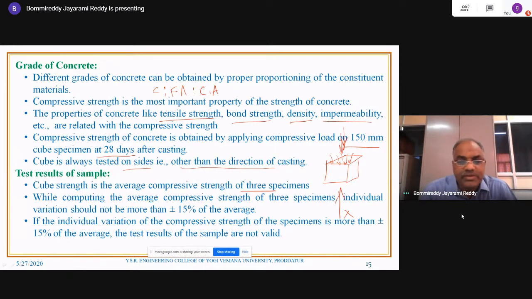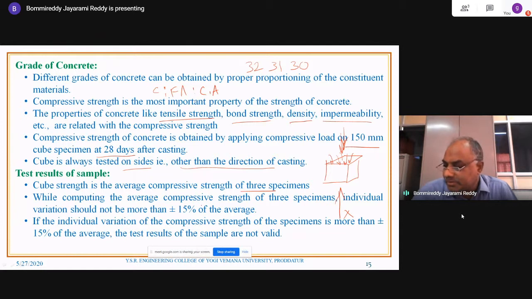That means all three specimens must give results well within 15% of the average. For example, if one cube is 32, another is 31, and one more is 30 Newton per mm square, you can conveniently take the average of all three specimens, because that will be well within 15% of the average.